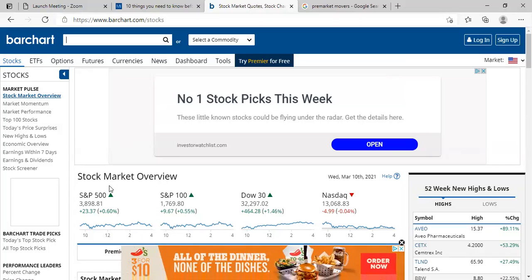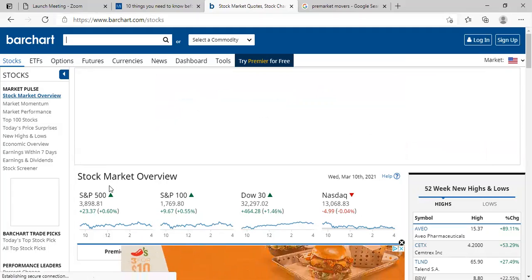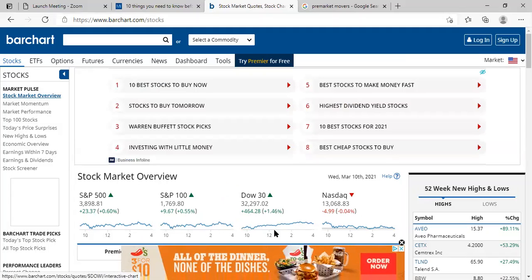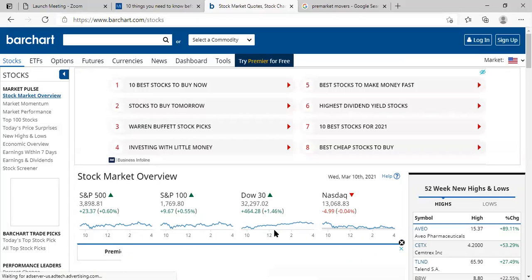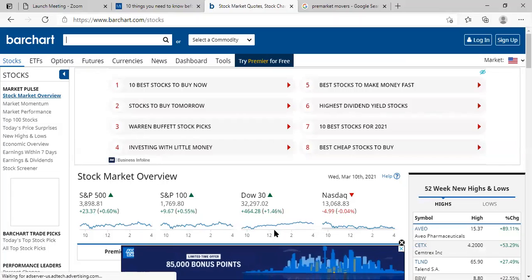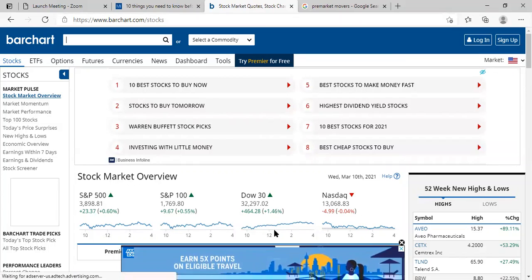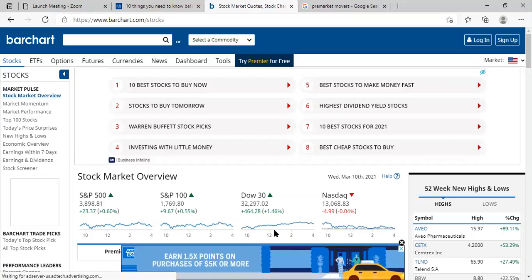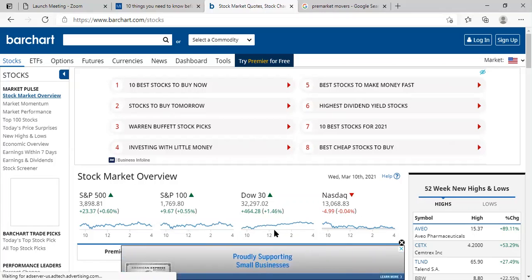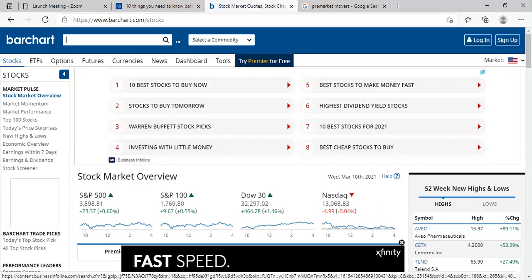If I see that the Dow, since this is the largest index, is green or red, let's say like 250 or more, then I have a lot of confidence that it's going to stay in that direction. So, if I'm going to make a trade that day, then I probably want to make a trade in that direction, whether that's a put or a call. All right. So I check that out.